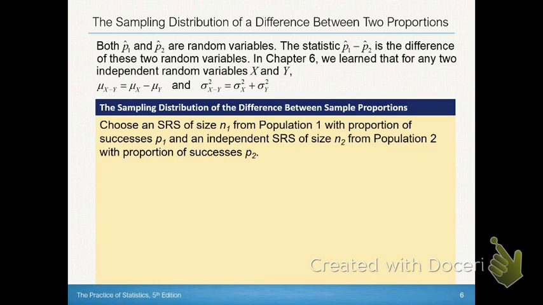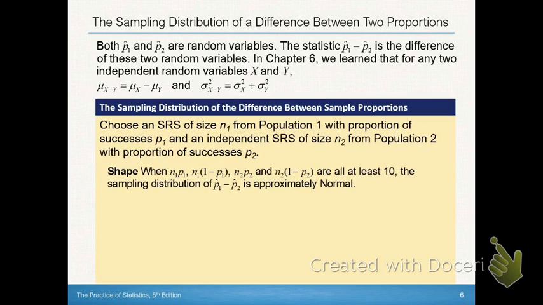So here are our formulas from back in chapter 6. In terms of shape, we need to check both shapes, and we need both of them to be approximately normal. In our last section of notes, we learned about the large counts condition. So we need to check the large counts condition for both populations, and if they both work, then our sampling distribution of their differences will also be normally distributed.